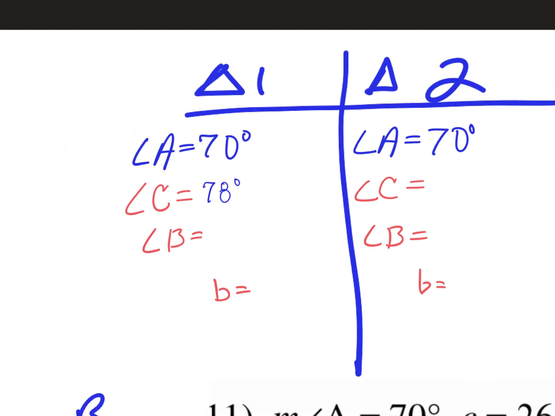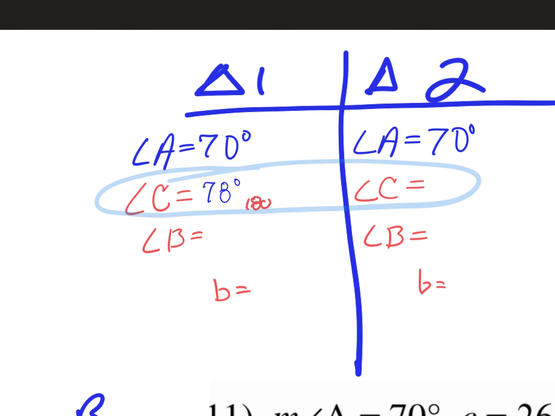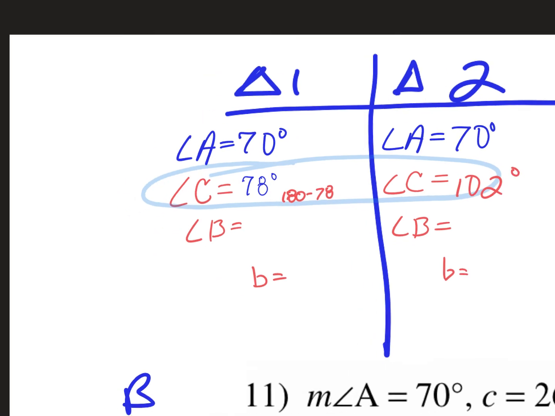How do we figure out if a second triangle is present? Add 70? That just finds the missing angle in the first triangle. How do I figure out if there's a second triangle present? I've got to find the supplement here. 180 minus 78 is 102 degrees.